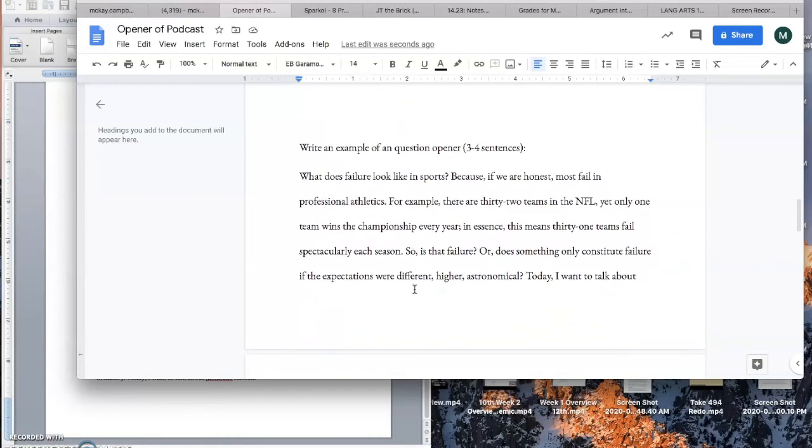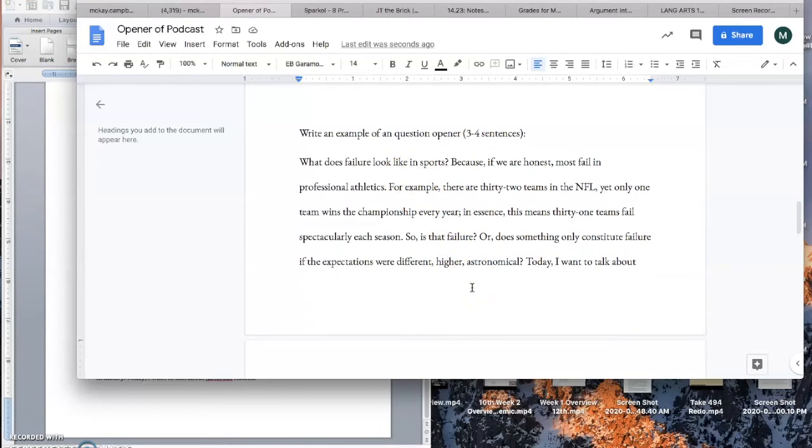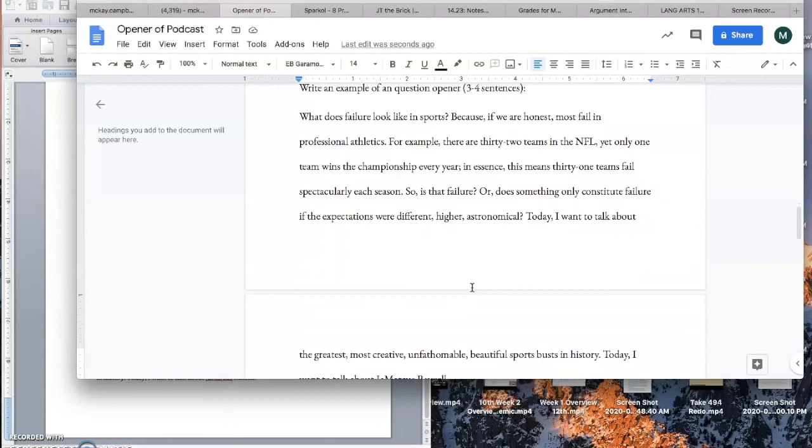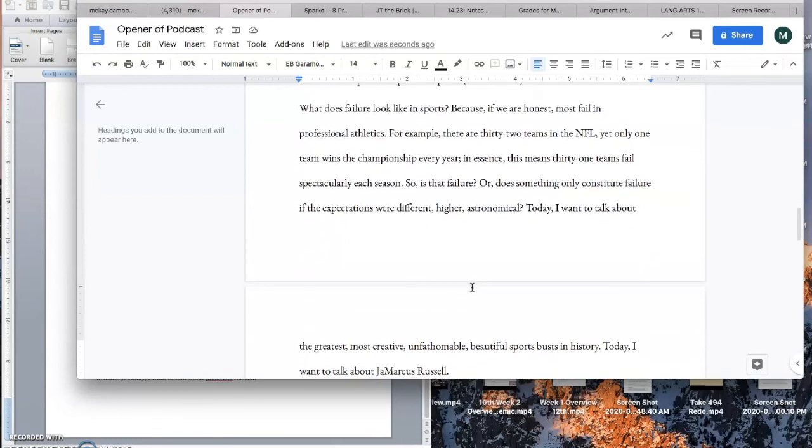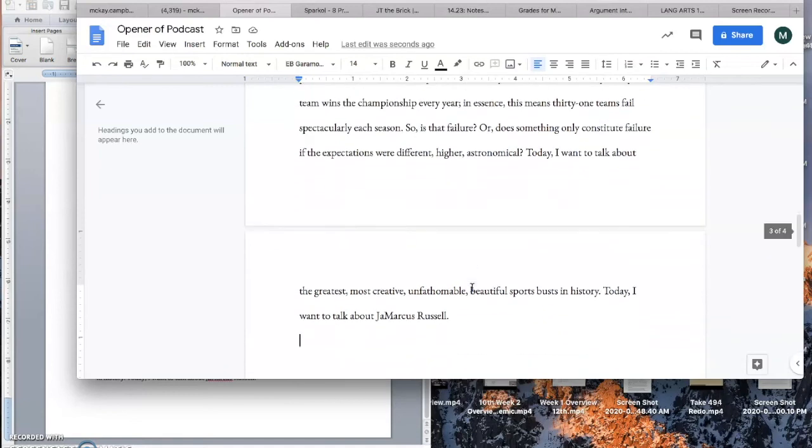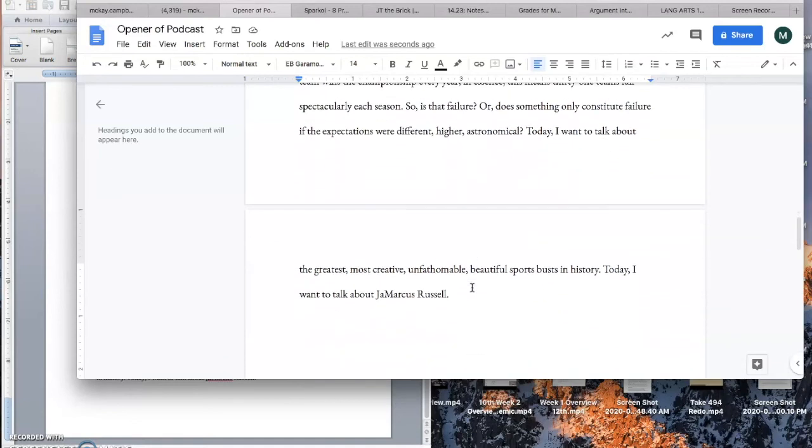For example, there are 32 teams in the NFL, yet only one team wins the championship every year. In essence, this means 31 teams fail spectacularly each season. So is that failure? Or does something only constitute failure if the expectations were different, higher, astronomical? Today I want to talk about the greatest, most creative, unfathomable, beautiful sports bust in history. Today I want to talk about Jamarcus Russell.